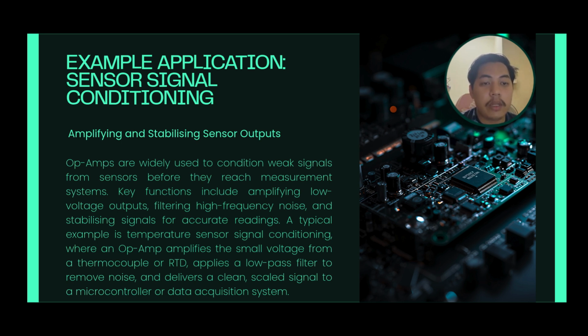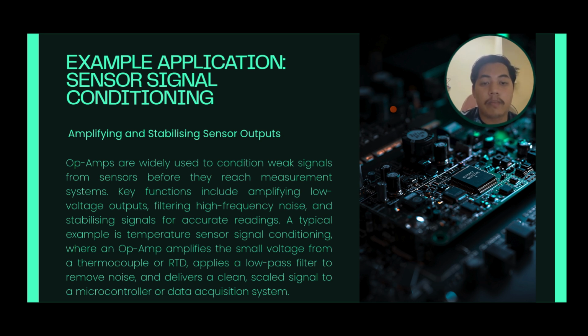A typical example is temperature sensor signal conditioning, where an op-amp amplifies the small voltage from a thermocouple or RTD, applies a low pass filter to remove noise, and delivers a clean scaled signal to a microcontroller or data acquisition system.